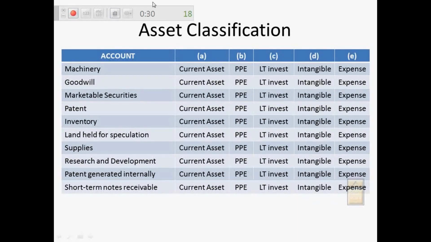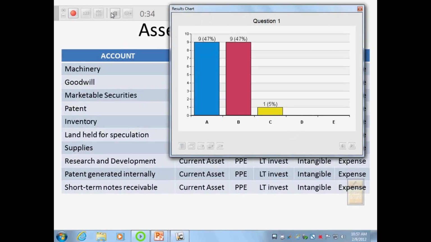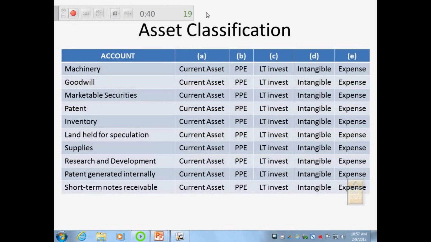All right, come on, click in. There's sort of a 50-50 debate on whether it is current or PP&E. So a machine that you're using in your production process, what should that be?